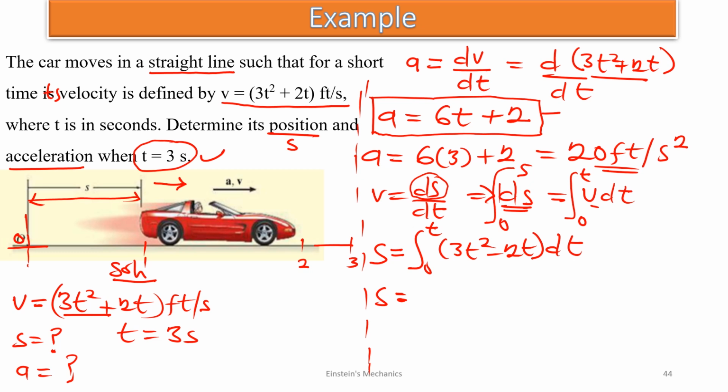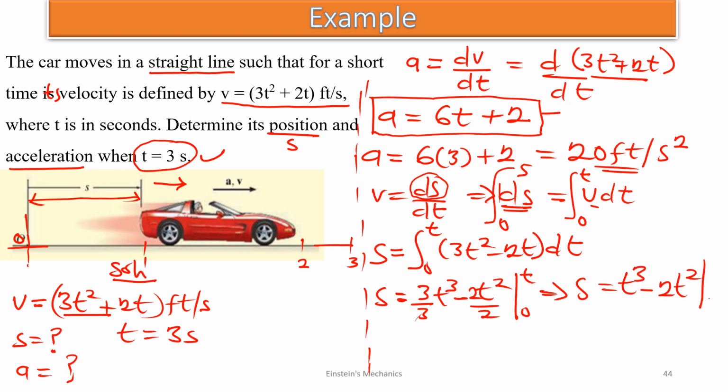All right, so if we are to integrate that, that is going to be 3 on 3 t cubed minus t squared, and the integral is from 0 to t, which implies that x is equal to, now 3 will cancel out, leaving t cubed minus 2t squared, from 0 to t. So if we are to put in the limits, this 0 is going to run everything toward 0.